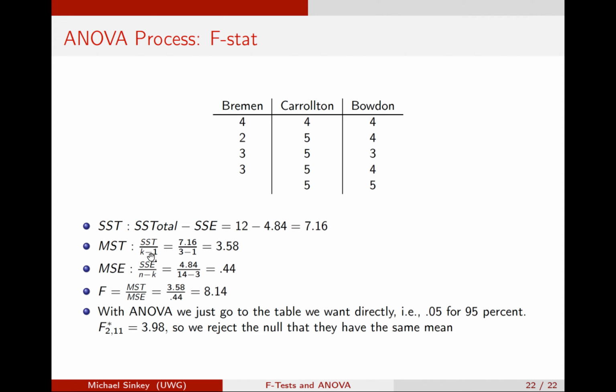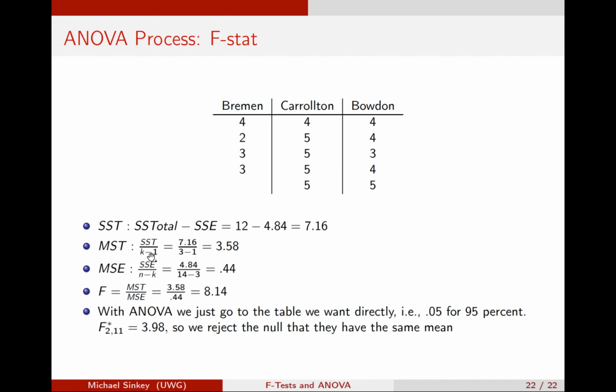K minus 1 is the column. So I go to column 2. N minus K is the row. 14 minus 3, row 11.